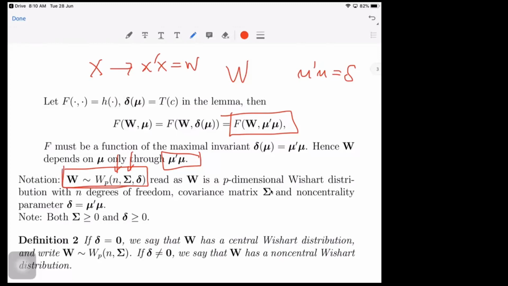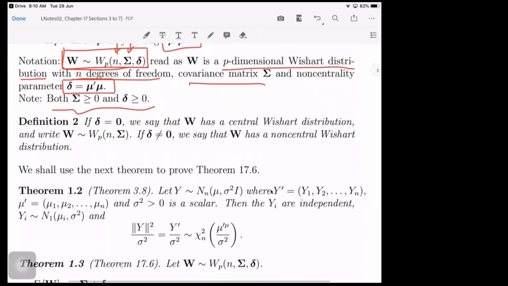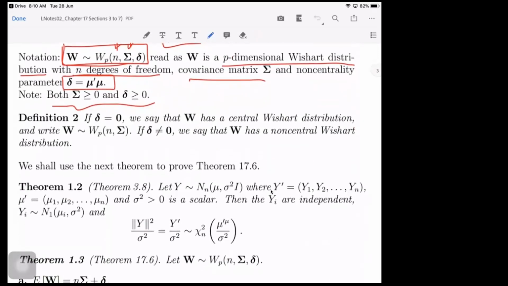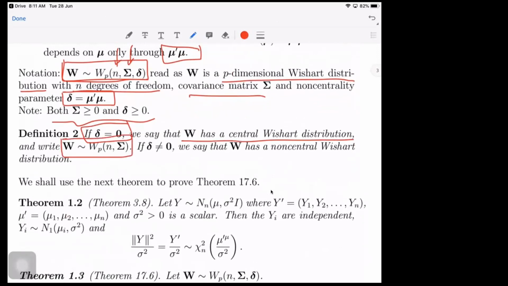This notation is read as W is a p-dimensional Wishart distribution with n degrees of freedom, covariance matrix sigma, and non-centrality parameter delta equal to mu prime mu. Note that both sigma and delta here should be non-negative definite matrices. In particular, if your delta is equal to 0, then we say that W has a central Wishart distribution, and we only write this notation.